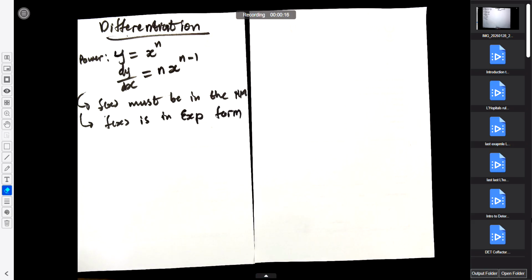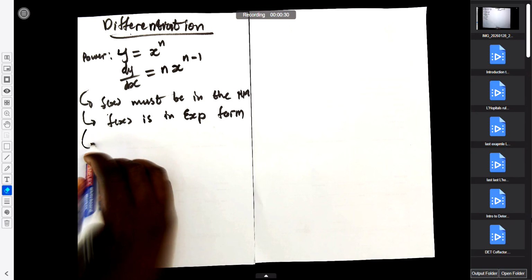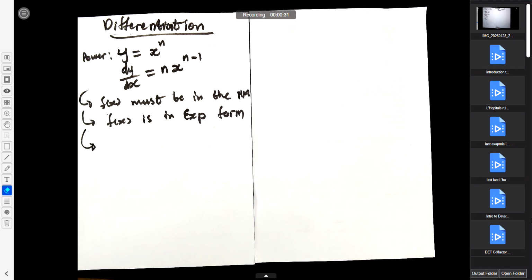So you cannot derivate a function while you have a function in the denominator, except if you use the quotient rule. If you apply the quotient rule, then you can have product and division of functions. But if you want to deal with one function individually, make sure it is in exponential form.